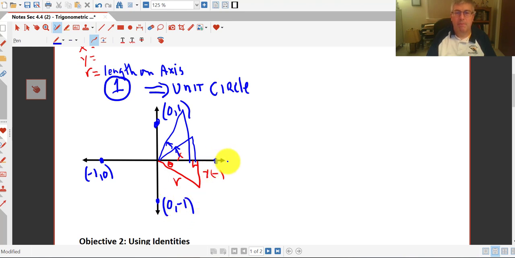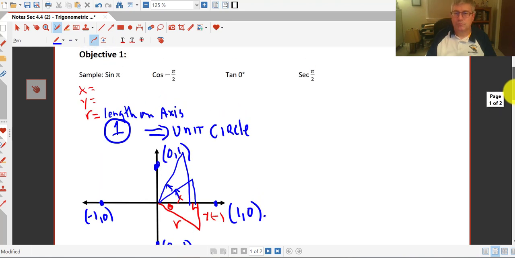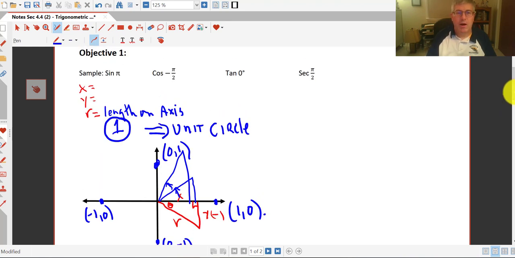And then back at 0 or 360, our ordered pair was 1, 0. So we could use anything we wanted. We could use 5 here, or 10, or negative 100, but it makes sense just to use 1.